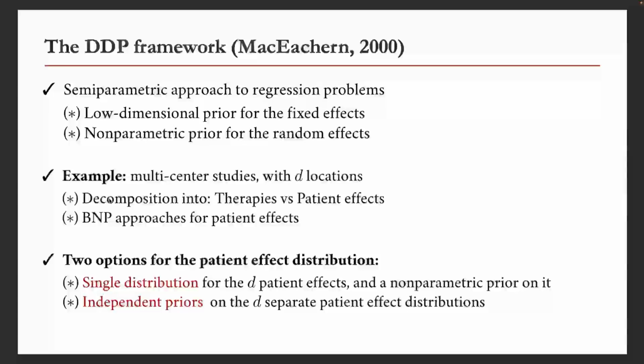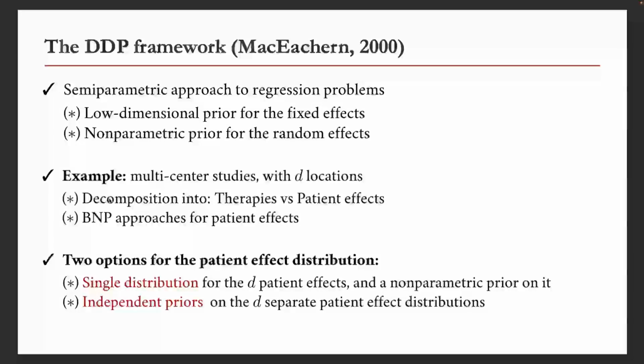So let me emphasize the points in Steve's paper that have influenced my own research. Steve's paper starts from a simple regression problem for which he envisions a semi-parametric approach where you split the components of interest into fixed and random effects, as we usually do.